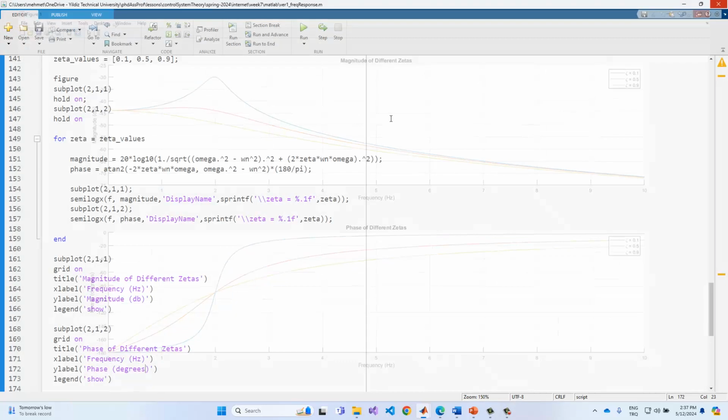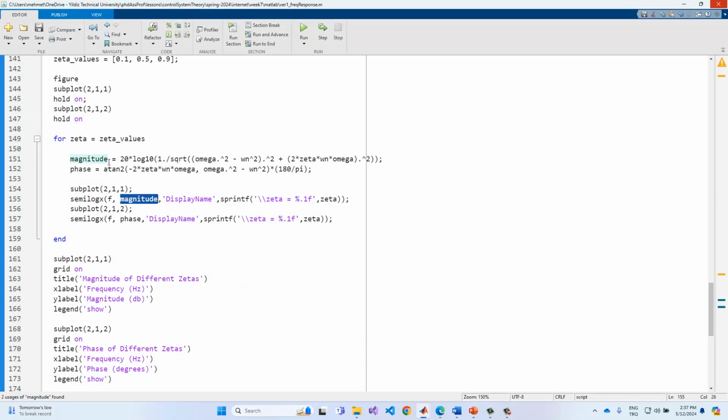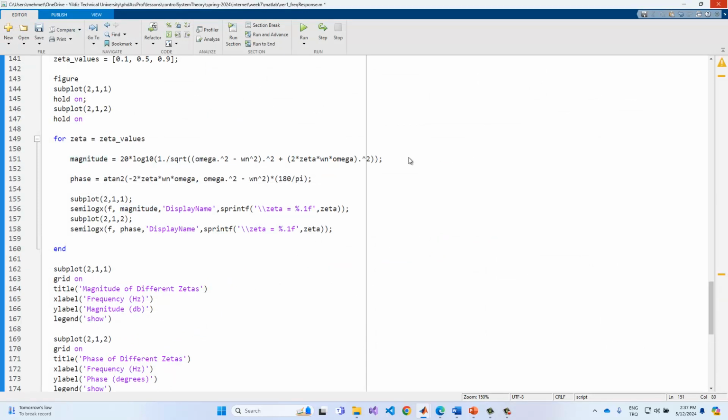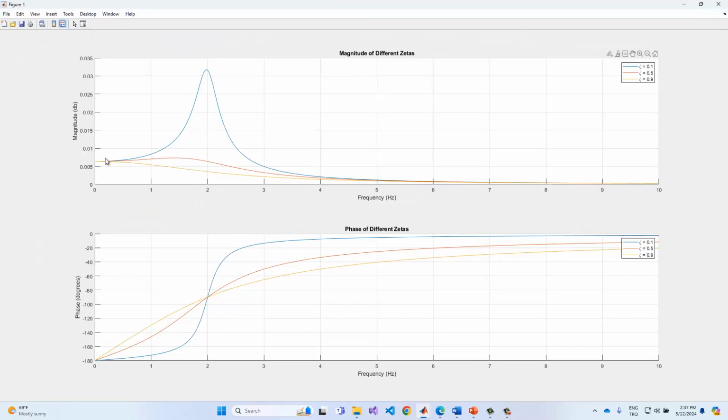Okay, also we can create the magnitude value in here in terms of these terms. Magnitude. And so if we rerun this code, then our system at 2 Hertz has some peaks up to the rate of 0.03. Okay, we can increase the system based on these terms, but we always diminish the response.